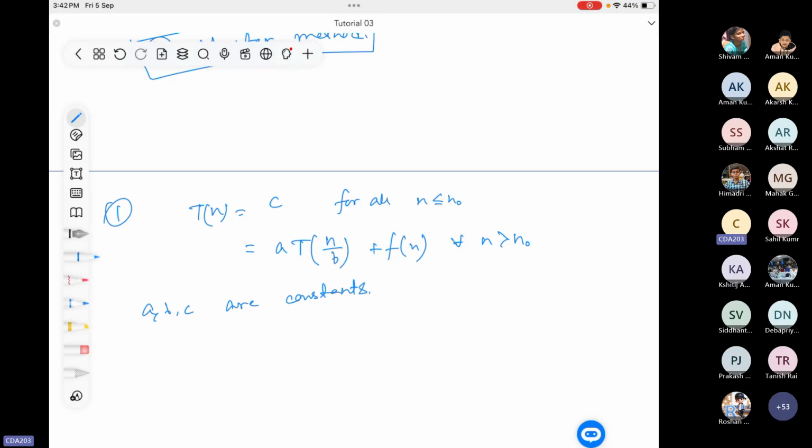So you have an idea about this order notation, I think. What is big O, small o representing? So you know these things, I hope.